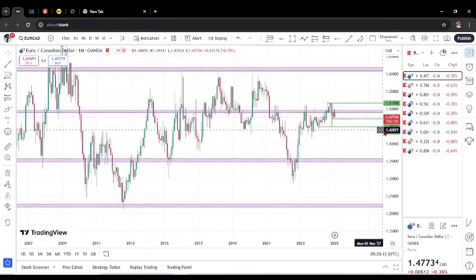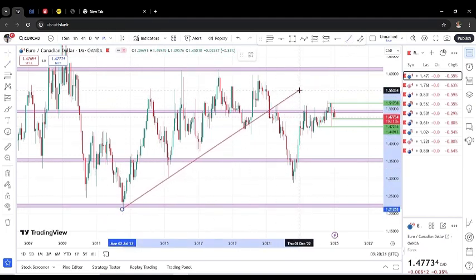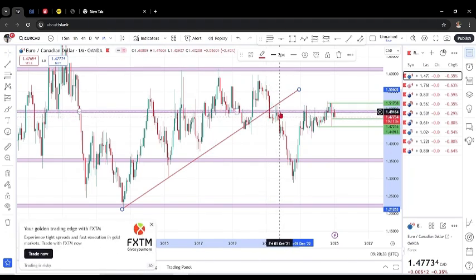And as you can see, this market was in an uptrend before. This was an uptrend before it broke out from this uptrend and it broke this monthly support zone. This is a major zone.